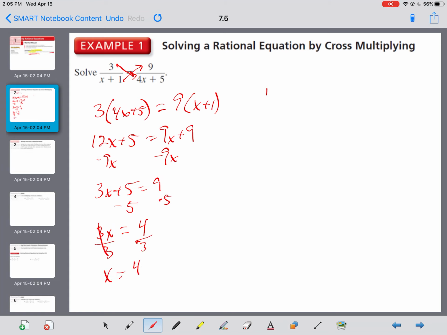Divide by 3. I don't know why I put a 4. And x equals 4/3. And x can't be, we had things in the bottom, it can't be -1 or -5/4. Okay?